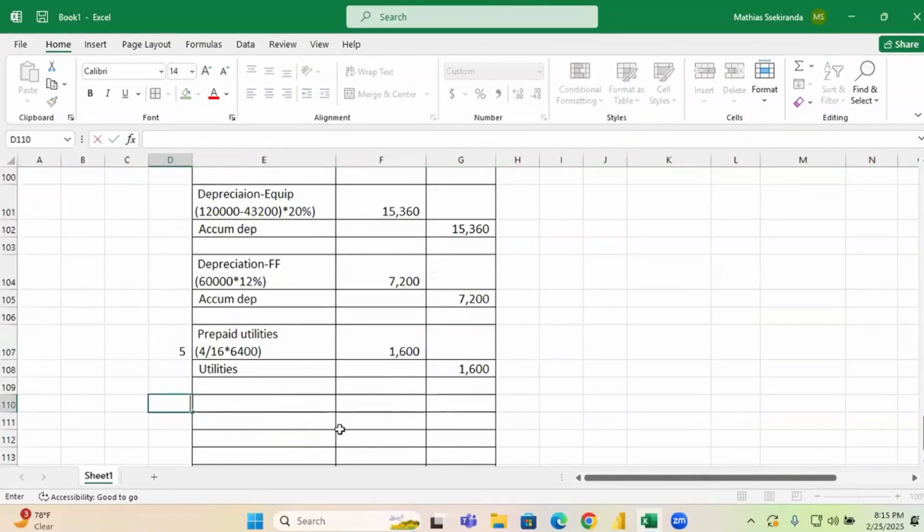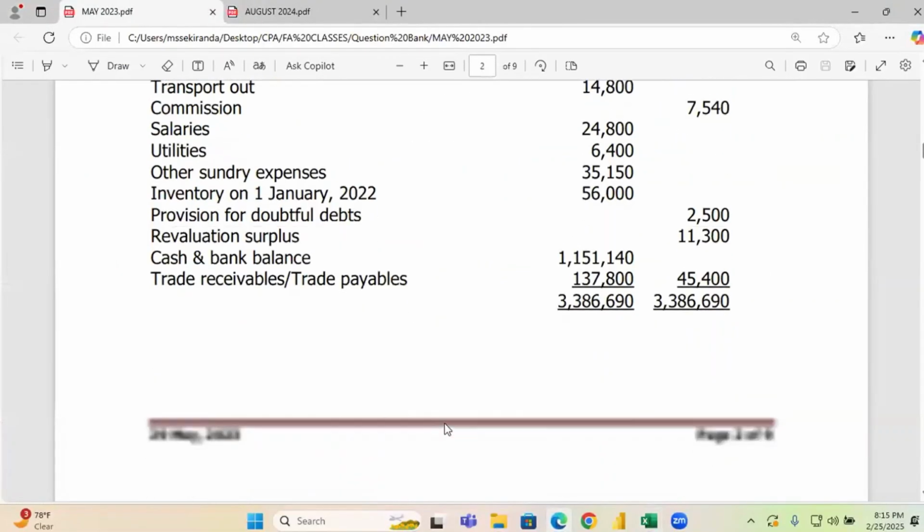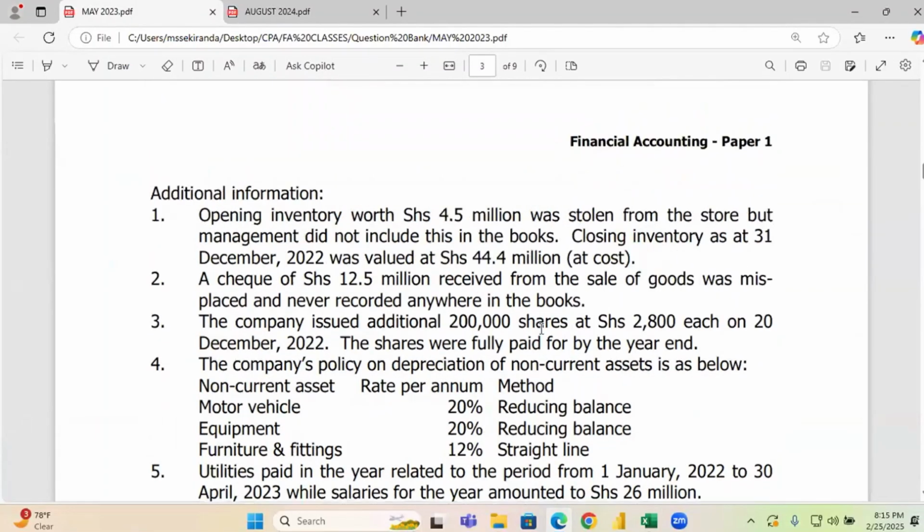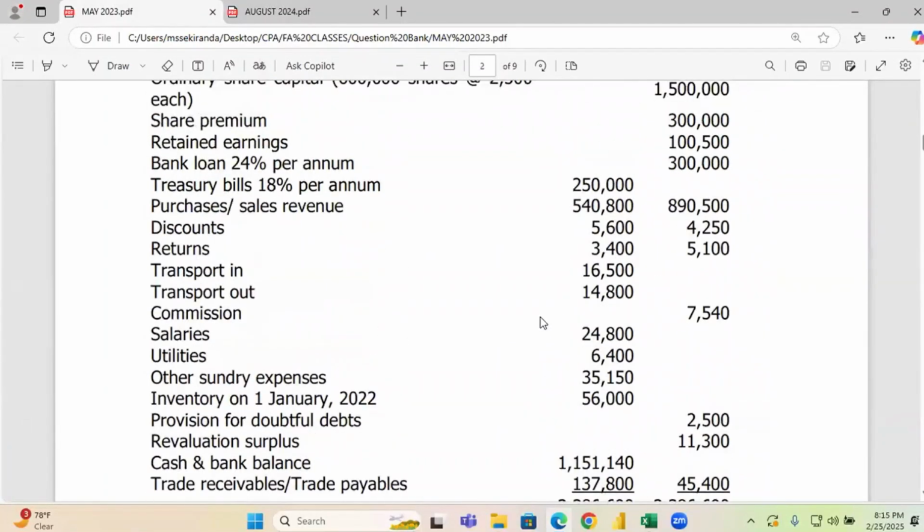And on the same note, salaries, they told us, while salaries amounted to 26 million. What are they meaning here? So let's go back to the salaries and see how much salaries were recognized.